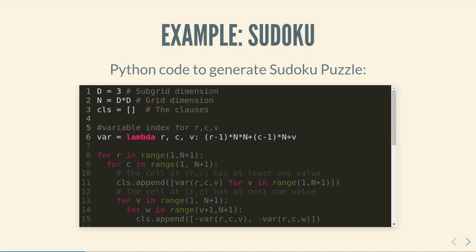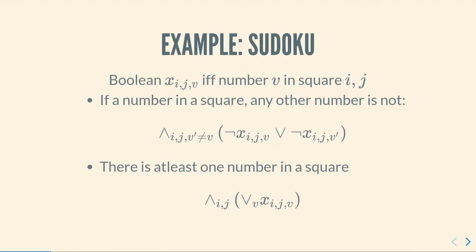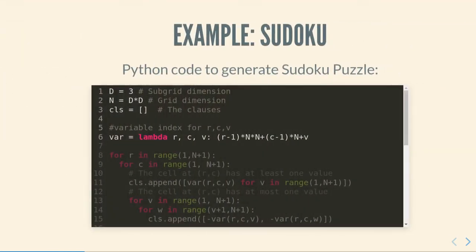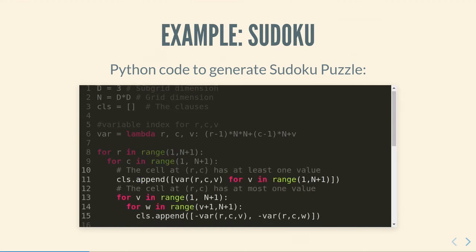Given that setup, we begin to encode the constraints. As before, we take a look at the constraints. The first one is that if there is a number in the square, then any other number is not, and there must be at least one number in every square. So let's consider that as the first thing. The first one is for all R and all C, so for every box in the Sudoku puzzle, we have the following constraints.